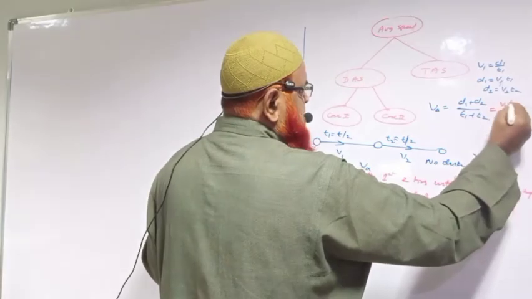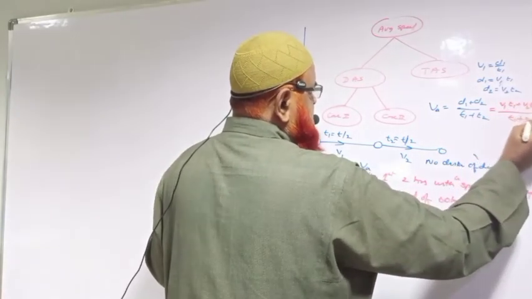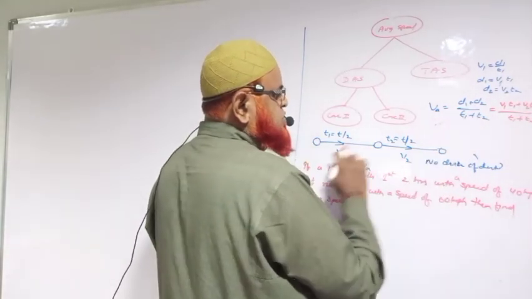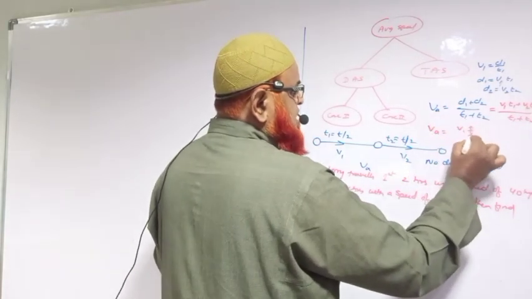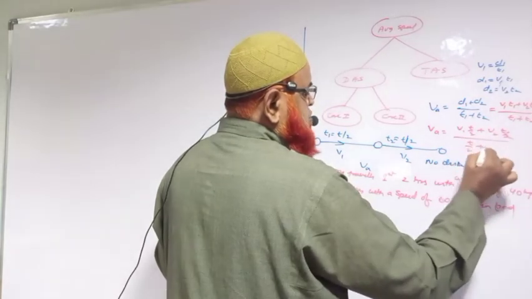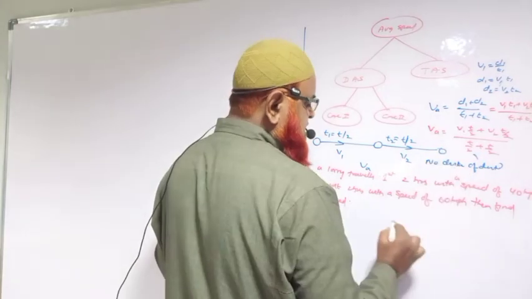So I am going to write v1 t1 plus v2 t2 by t1 plus t2 here. And you all know t1 is t by 2 and t2 is also t by 2. So v average is equal to v1 t by 2 plus v2 t by 2 divided by t by 2 plus t by 2. Common out this t by 2, then what are you going to get?